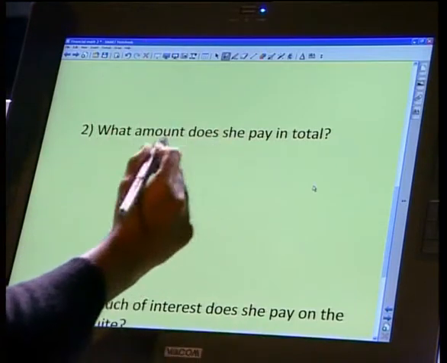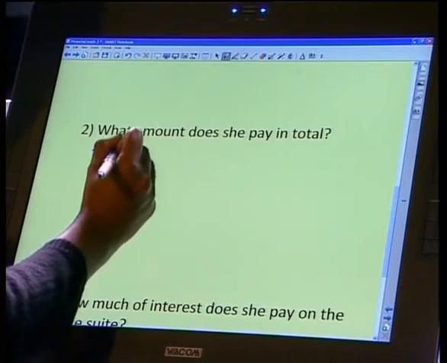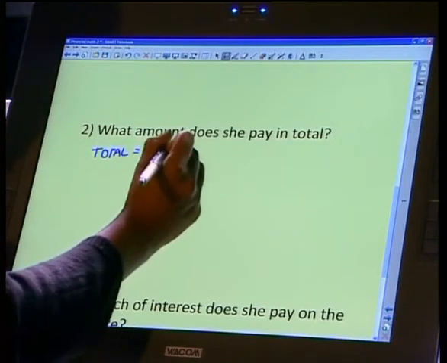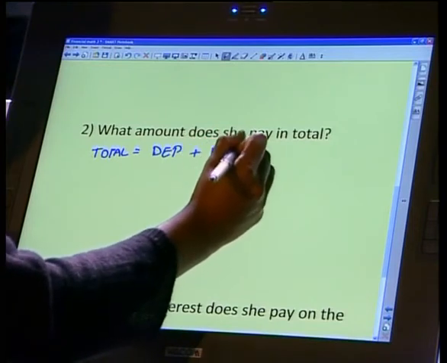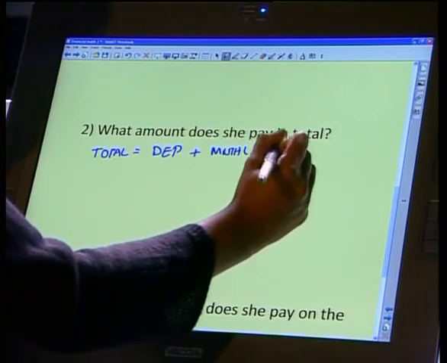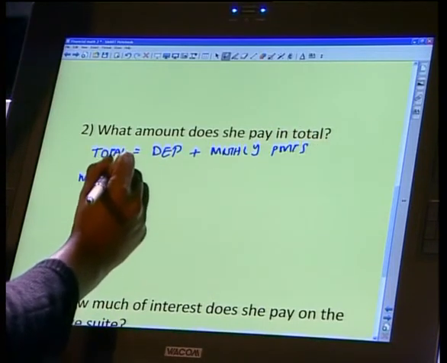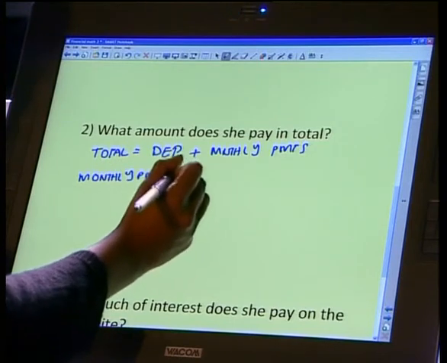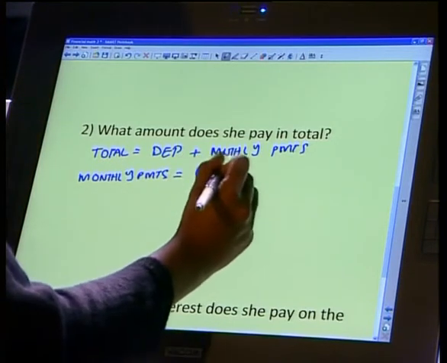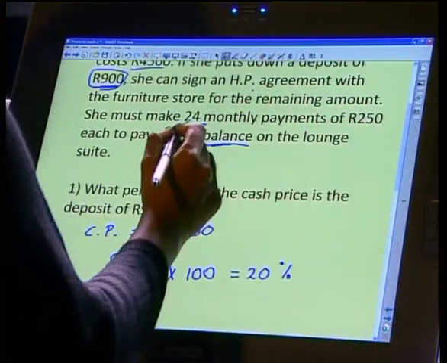Next, we want to know what amount does she pay in total. Remember, the total is always going to be equal to the deposit plus all the monthly payments. And the monthly payments we can work out, since we know that she is paying 250 Rand every month for a period of 24 months.